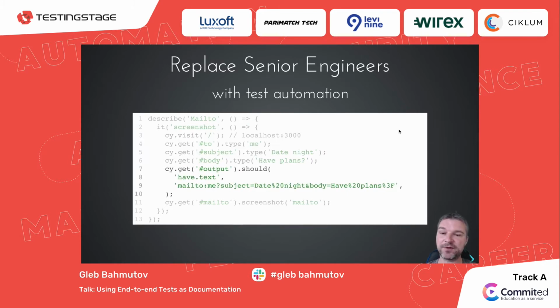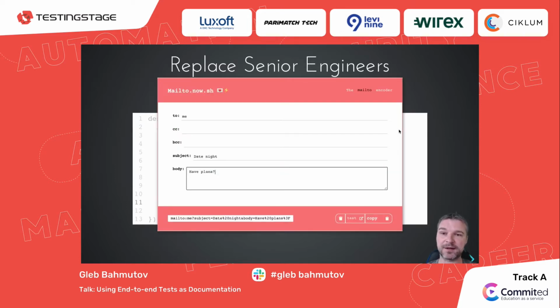Then I want to grab the output field and assert that it contains the expected URL encoded text. And then I want to take the screenshot. Pretty much all the comments, all the instructions to the user, are mapped one-to-one to Cypress commands. And when I run this test, it takes this screenshot.